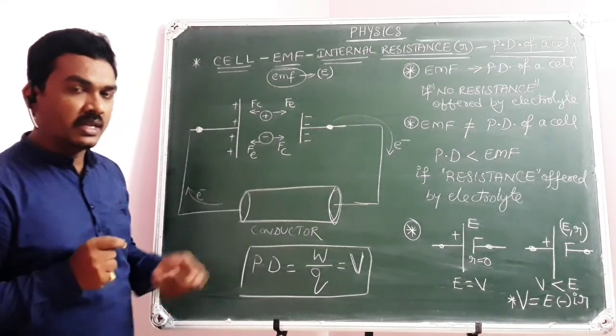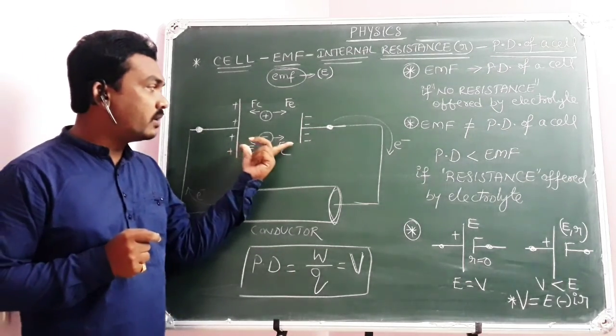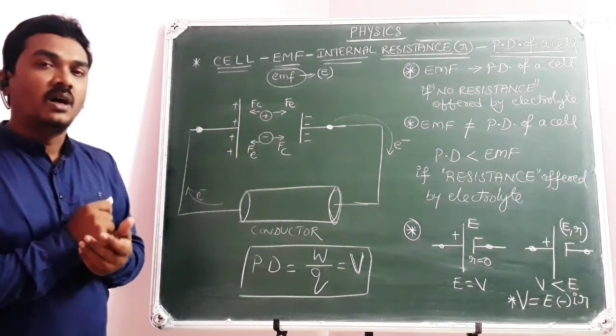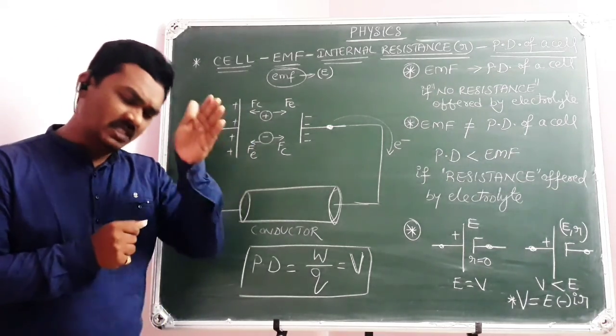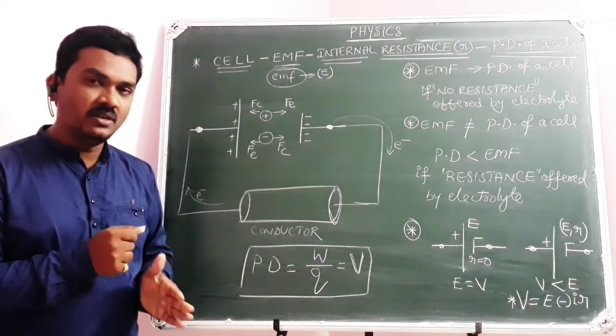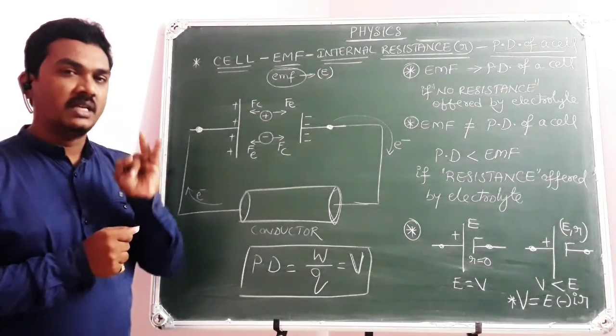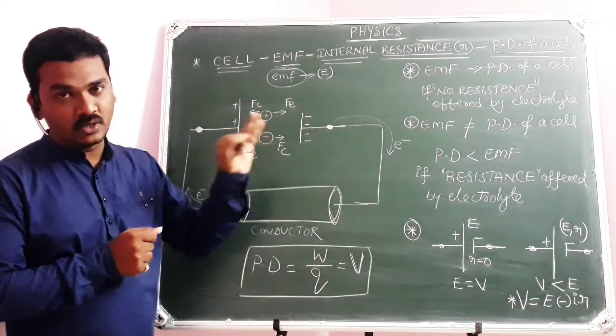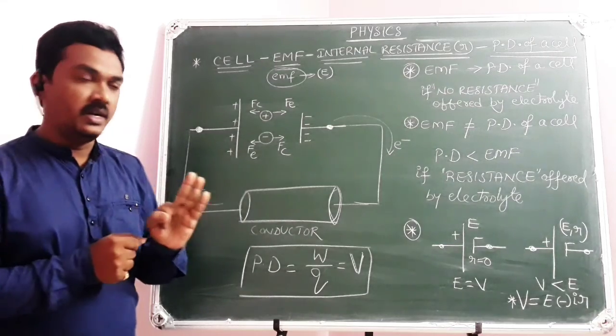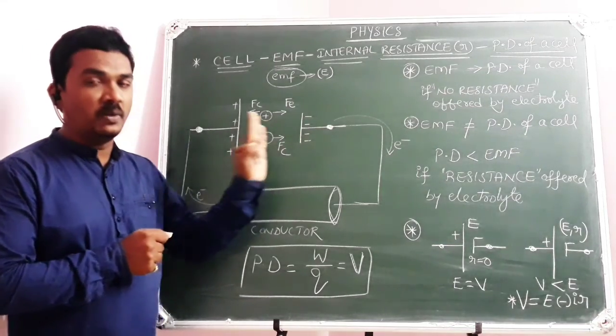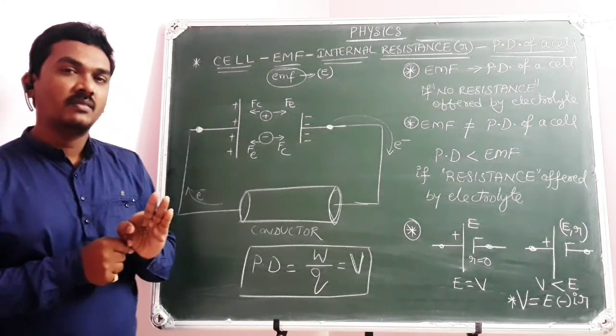So I conclude, the internal resistance of a cell depends on, first point, nature of the electrolyte. Second point, concentration of the electrolyte. Third point, distance between the two plates of a cell.